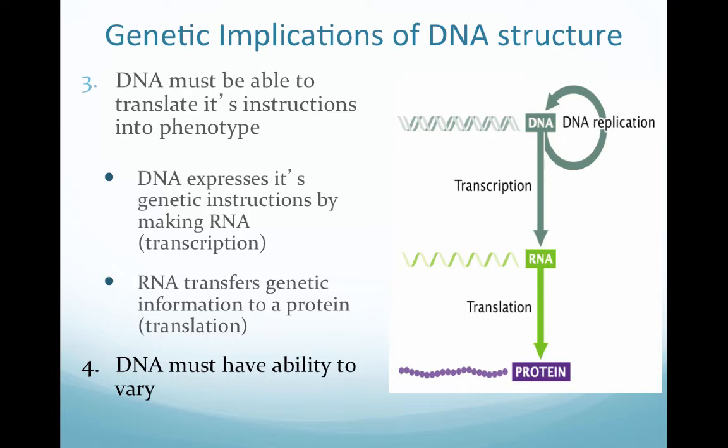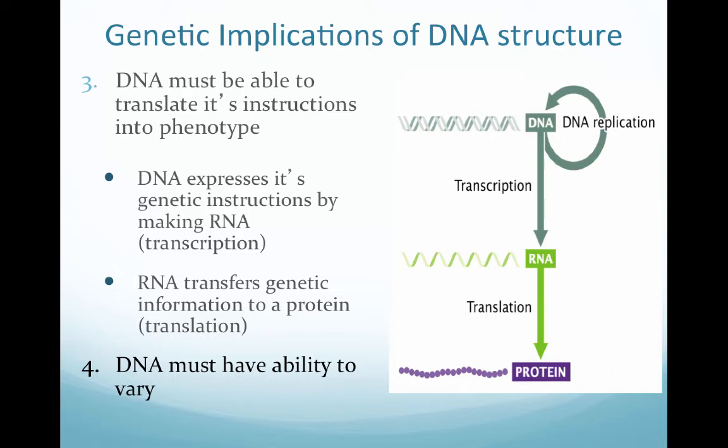The second process is termed translation, and this is where the RNA is going to be translated into protein code. Those two processes we're going to hit in depth in chapter 13 and chapter 15 respectively.